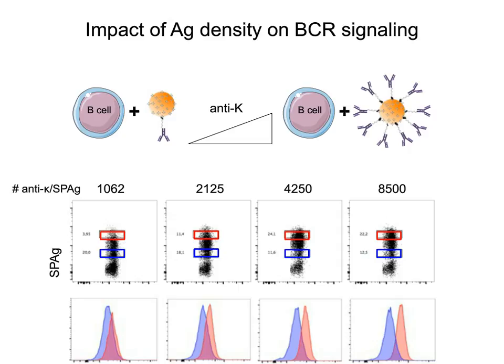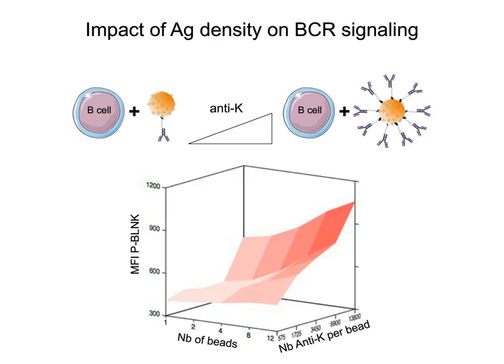And it's also true, of course, for the B cells that have bound less SPAG, which are in the blue gate. In fact, we can summarize this data on this 3D graph, where you have the number of beads. When it increases for the same number of anti-kappa at the surface of a SPAG, then the phospho-BLNK signaling is going up.